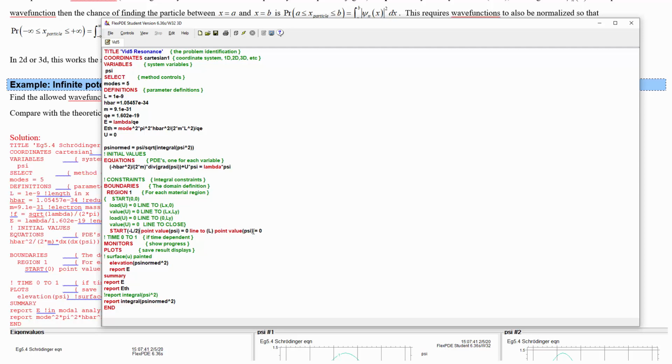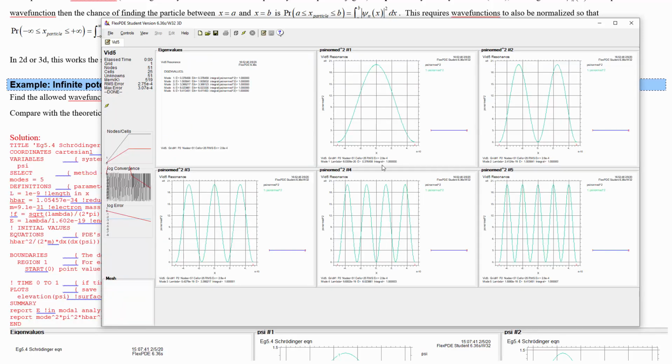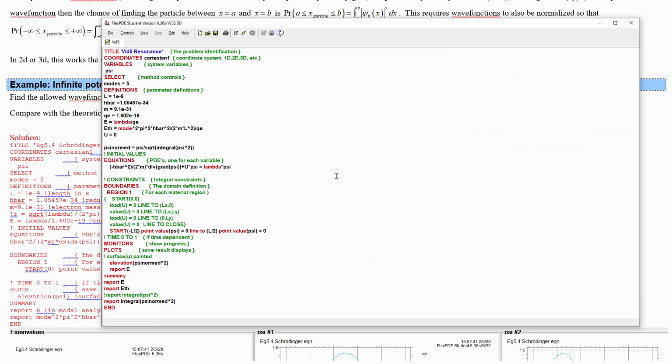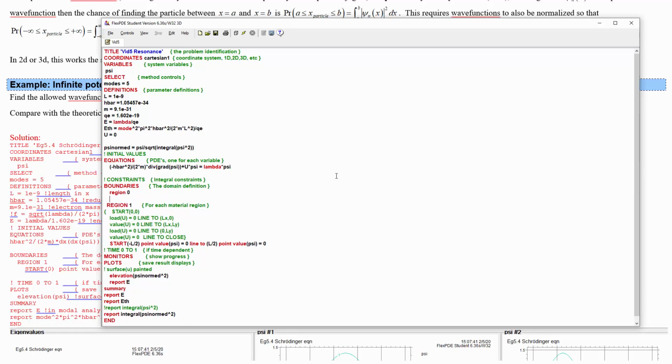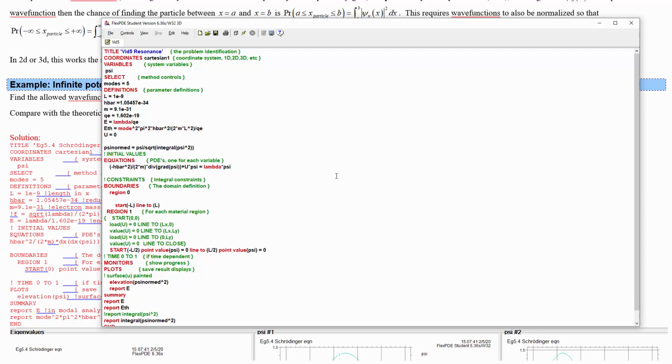So we go from negative L over 2 to L over 2, and this just centers it at 0. We're all good here. Next thing we want to do is imagine that before we draw region 1, we've got region 0 or something, and we're going to say start negative L, negative L, line to L. Now in here, we're going to specify a potential.